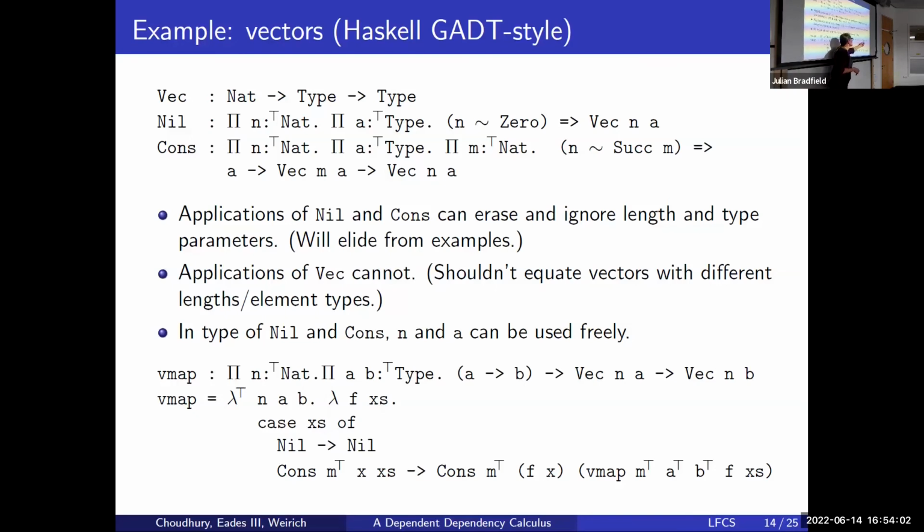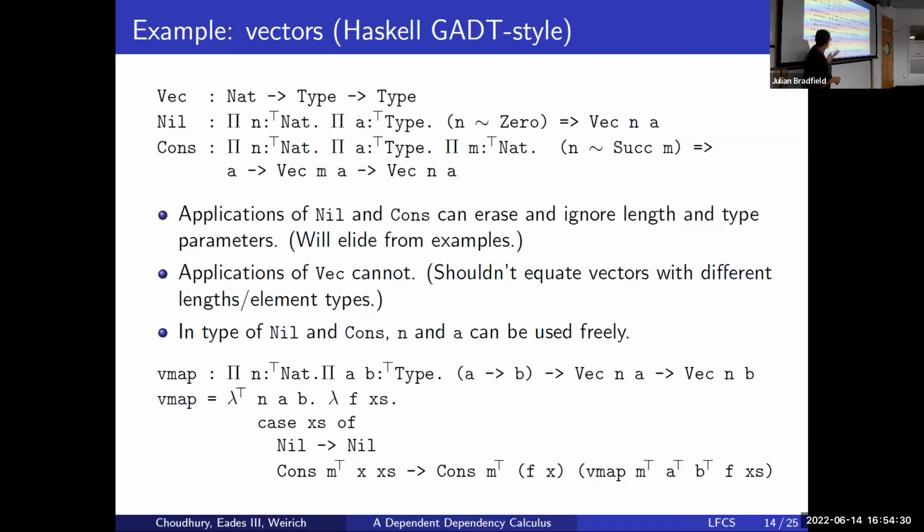The length of the vector, I'm going to get the same length back, but I still want that to be erasable and ignorable. So the length and the type parameters in this function are also going to be irrelevant, and that works. I take the irrelevant arguments; the function itself I'm going to use, so this is going to have to be a runtime thing. The vector I'm going to use, so it has to be a runtime thing.